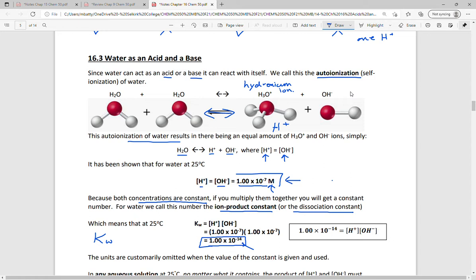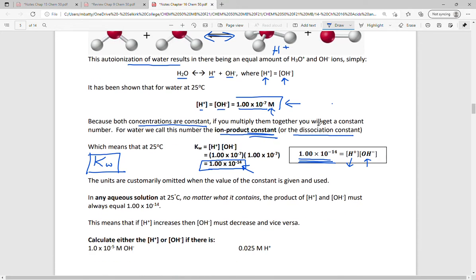Now, this value is amazing because all aqueous solutions adhere to that. So if one of these goes up, the other's going to go down, but their product would always remain the same. So it's this constant, because it starts with a K, right? Kw has a value, and it's also this really important organizing principle of all aqueous solutions.